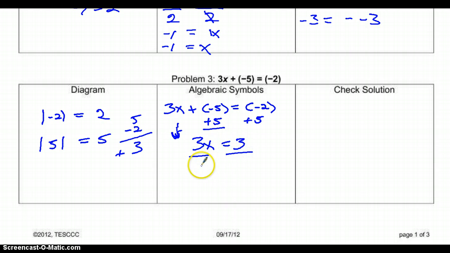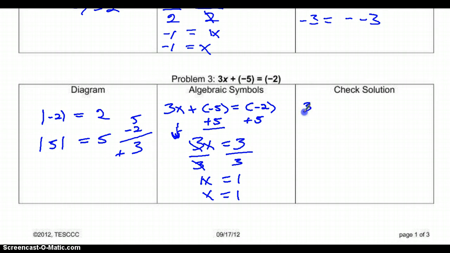Put my fraction bar, and I'm going to divide both sides by 3. When I do so, I'm going to get 1x is equal to 1, and then of course x is just equal to 1. So now I'm going to go back and check to make sure that I did not make any mistakes and that I do get an identity.